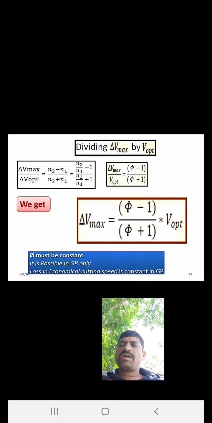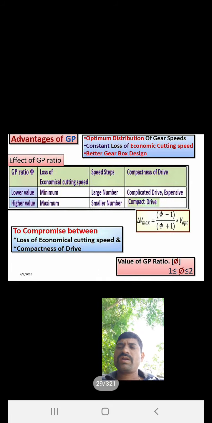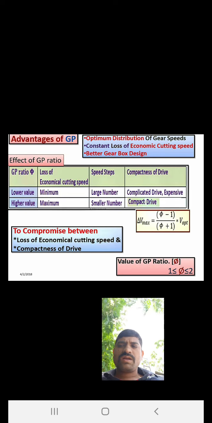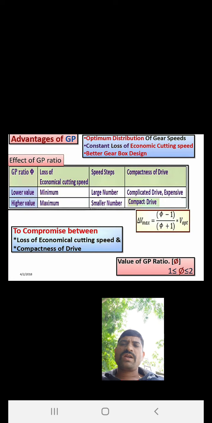If the loss of economic cutting speed is constant, you get a range of rpm values. Material should be maintained for every cut so that you get an even cut. As the diameter reduces, speed also has to be increased.